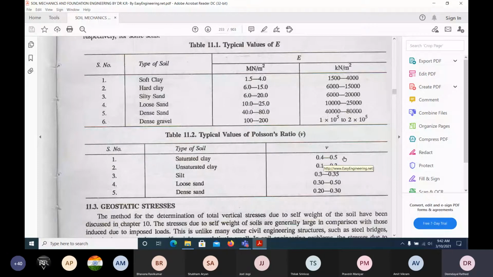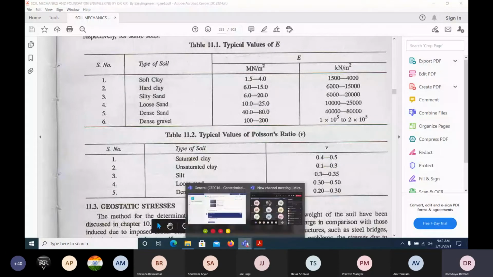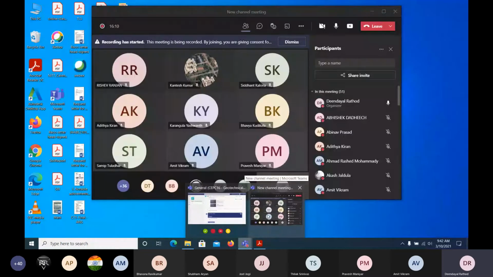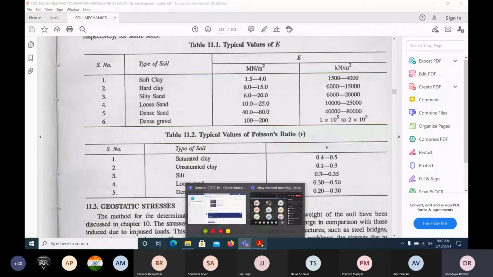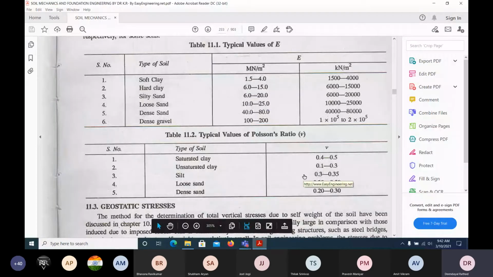Hope you are studying Poisson's ratio in strength of material, or mechanics of solids. Am I audible? Please answer. 0.5. Okay, that is the maximum value.